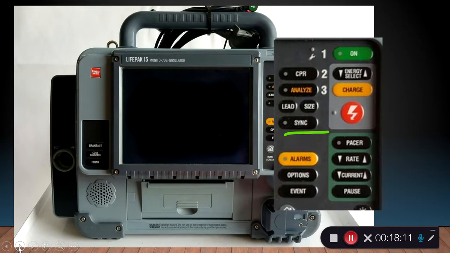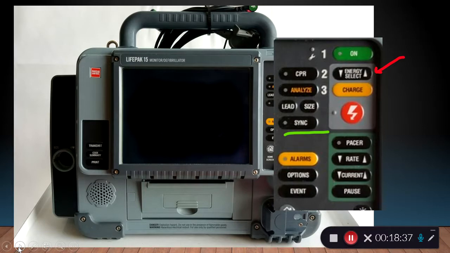Okay. Now, the other thing we have to consider is we've got to set our joules. So right there is our energy select. First dose is going to be 50 to 100 on a regular rhythm. Okay, so we'll set that. Now the little button that you're going to turn to set the joules, once you get it at that desired wattage, if you just push it, it sets it at that rate.